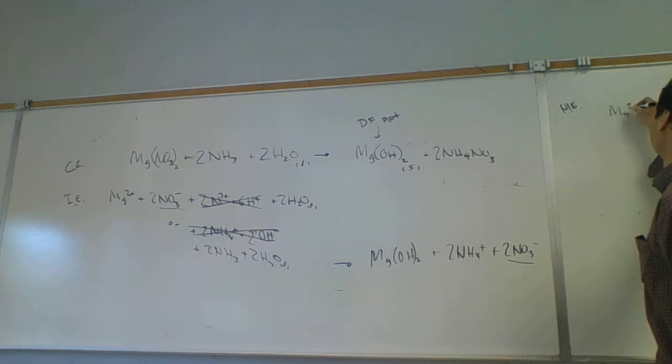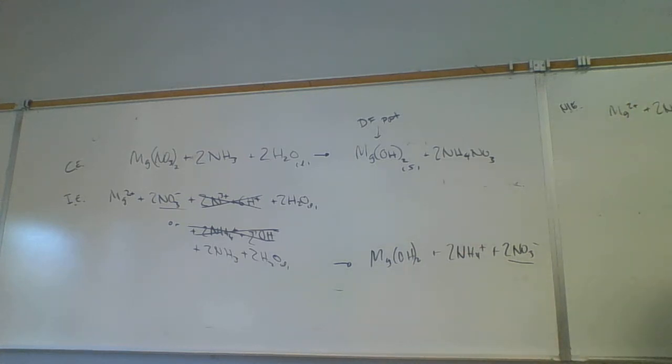And then we get Mg2+ plus 2 ammonia plus 2 water yields magnesium hydroxide solid plus 2 ammonium. And so this would be the NIE, the net ionic equation.